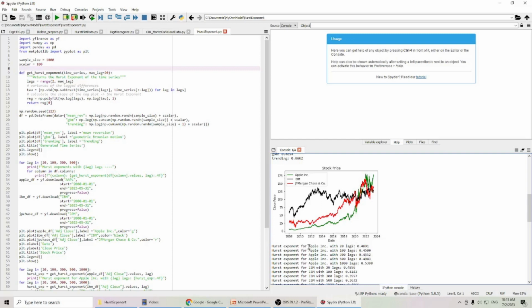So you can see for this Hurst exponent, it's quite difficult to get this trending pattern. If we check this graph visually, I think most people will think Apple stock is trending.